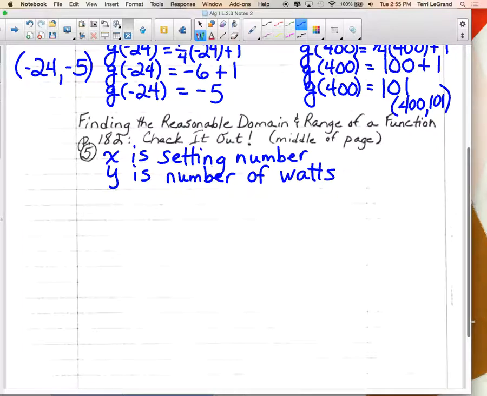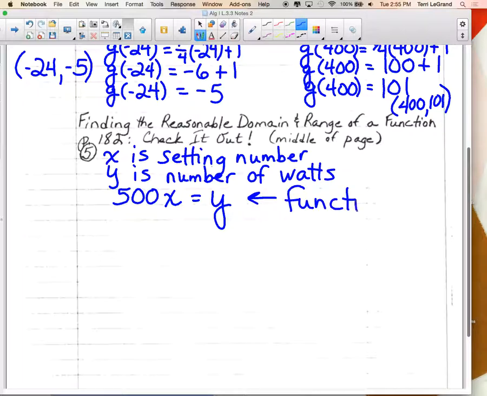Emma? 500 times what? Okay, so 500 times the x, so 500x would give you the what? What do you think, class? Would that work? If you take the setting number times 500, it should tell you how many watts the heater is operating at. Okay, so there's our function.